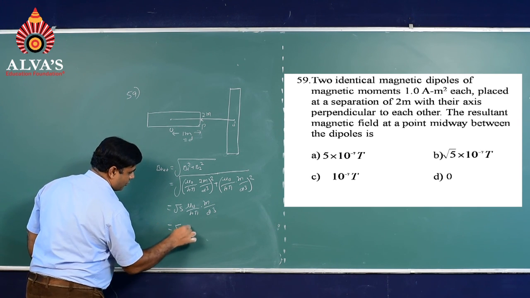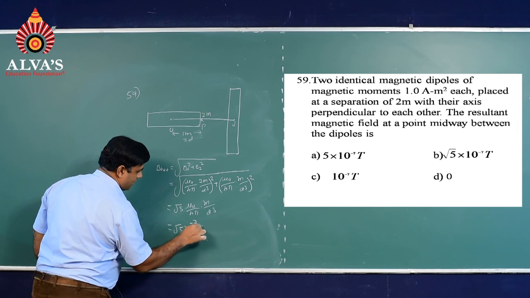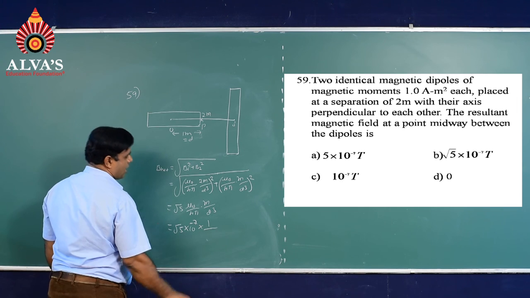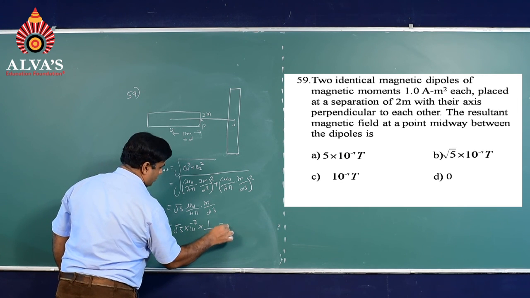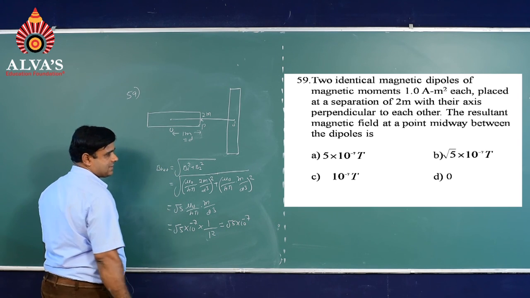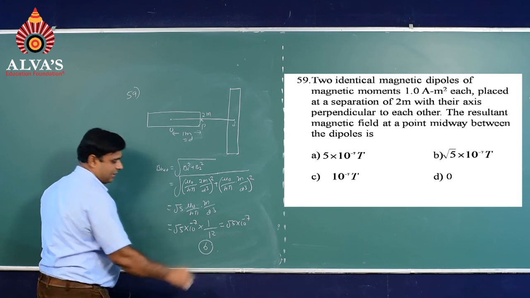Root 5 mu naught by 4 pi is 10 to the power minus 7. Dipole moment is 1, distance is 1 meter, which is equal to root 5 into 10 to the power minus 7. So, the answer is B.